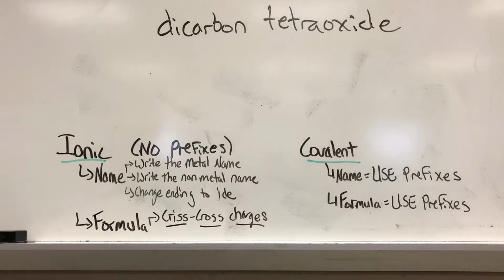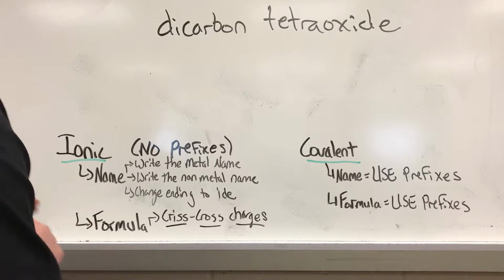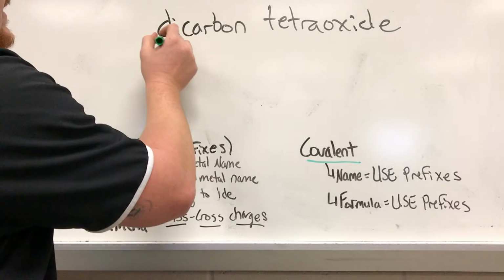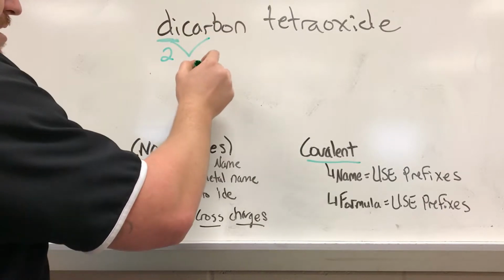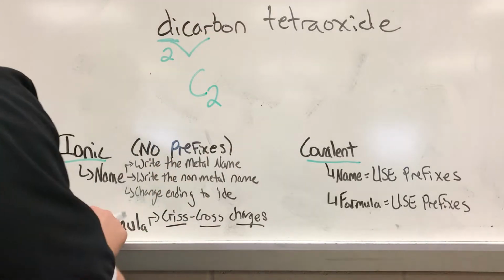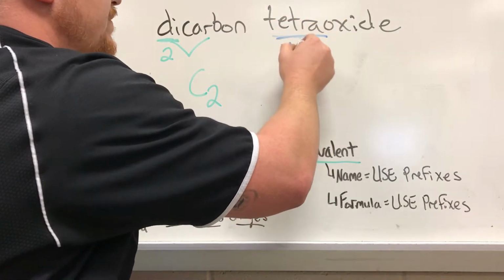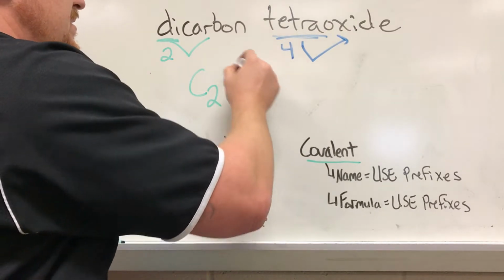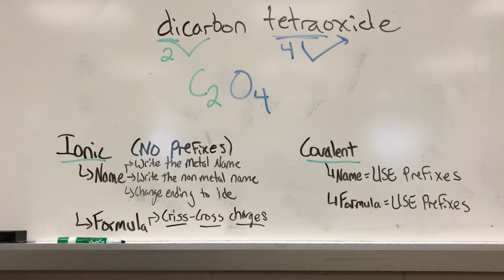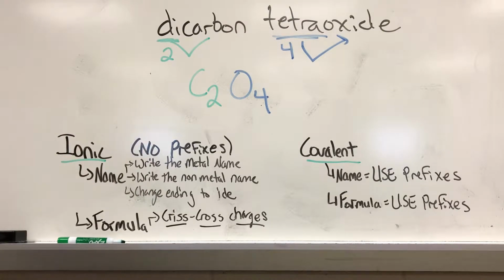If we look at this, we see the prefix di is with carbon, so there are 2 carbons. We write this C2. And the prefix tetra, which is for 4, is with oxygen. There are 4 oxygens, so O4. So we use the prefixes to tell us the formula.